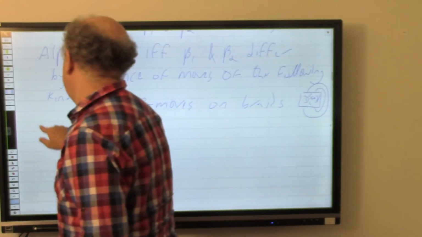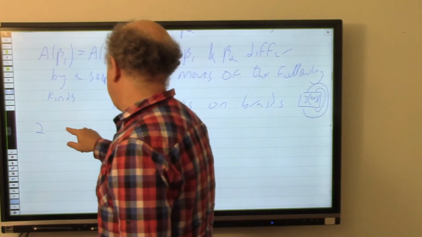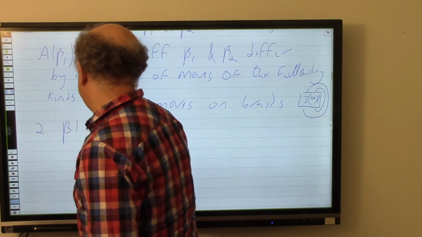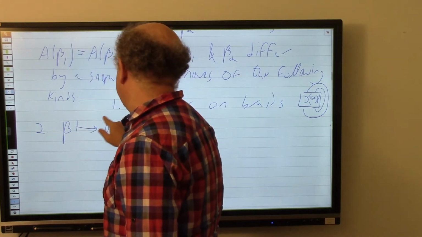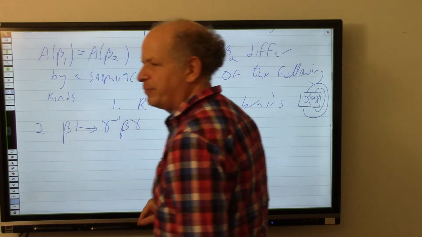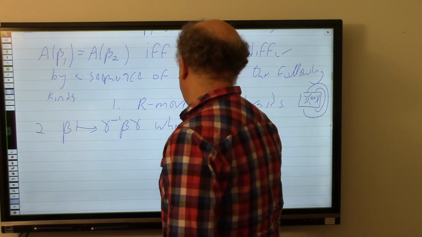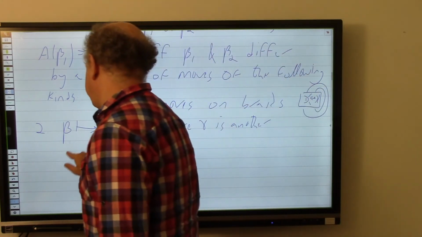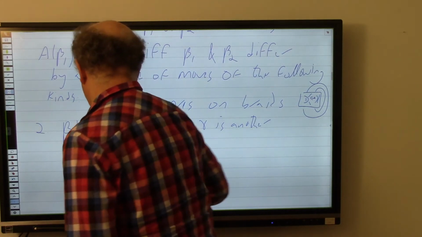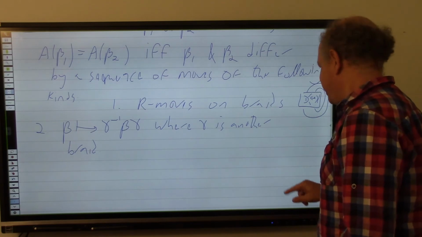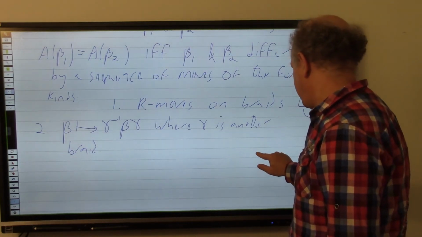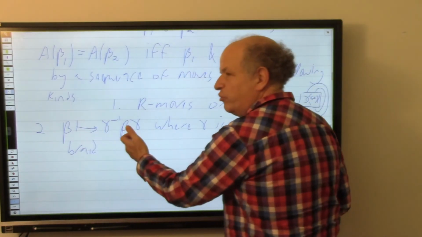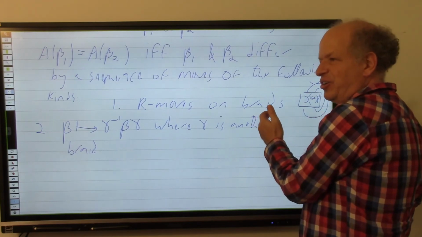Okay? Two, conjugation. So a braid beta gets replaced by gamma inverse beta gamma, where gamma is another braid. And this is also obvious. One direction is obvious. It's obvious that this move does not change the resulting knot, right?